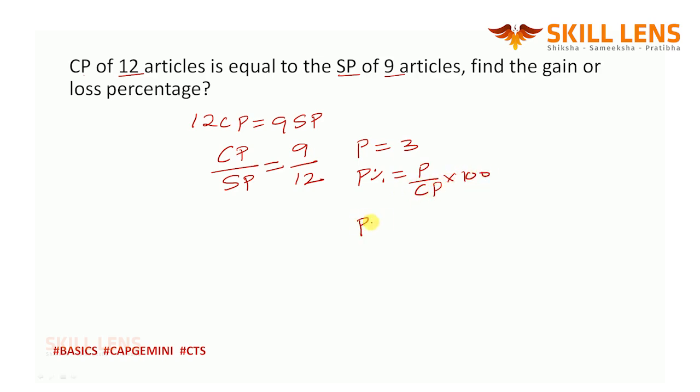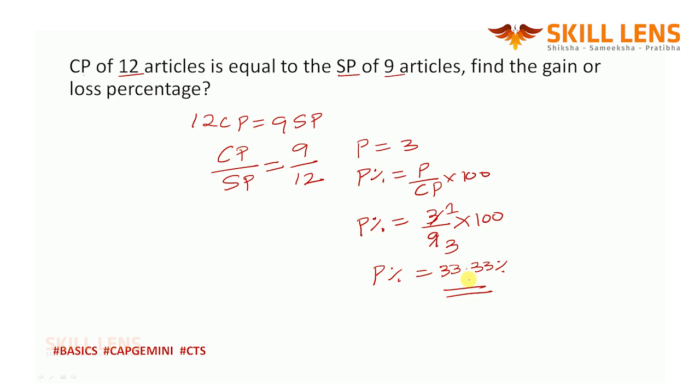Profit 3 by cost price 9 rupees into 100, so 1 divided by 3. You have to convert the fraction 1 by 3 into a percentage. That's going to be 33.33 percent. So this is the basic calculation.